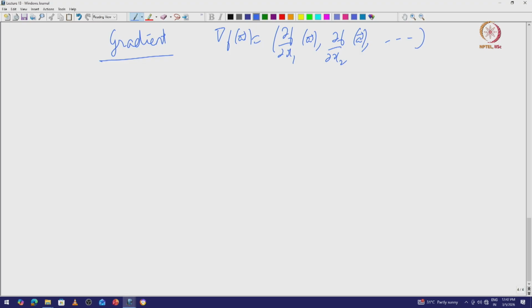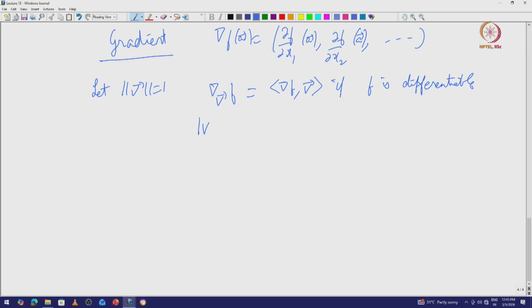Okay, so let norm v be 1. So we are talking about genuine directional derivatives here. So this is equal to gradient of f times v if f is differentiable at the point.